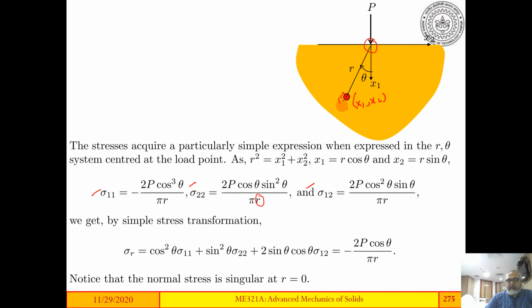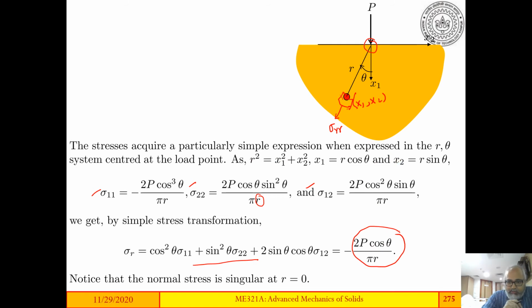If I take a pillbox here, this is sigma RR, and I can transform the stresses sigma 11 and 12 to sigma RR using the simple stress transformation equation, and this is what I will get. Again, you see that the stress is singular at r equal to 0. All the stresses are singular at r equal to 0. So this is the solution to the Flamant problem.